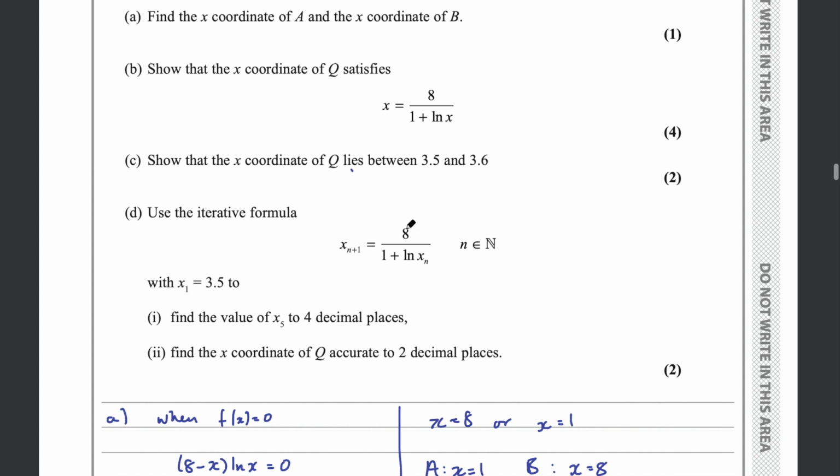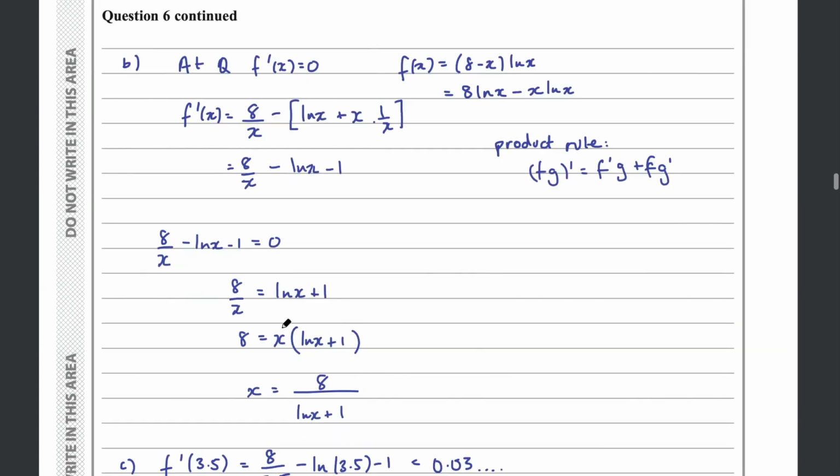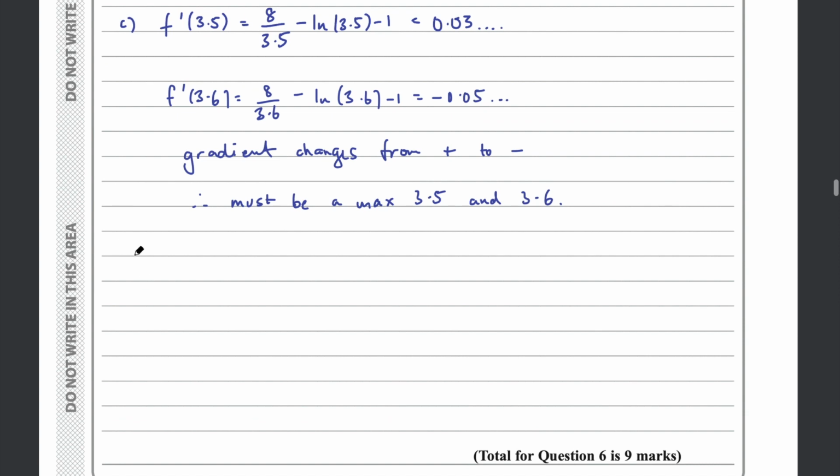Okay, so this is the equation we found earlier, and x sub 1 is 3.5. Okay, so let's firstly write that down. X sub n plus 1 is equal to 8 over 1 plus the log of x sub n, and x1 equals 3.5.